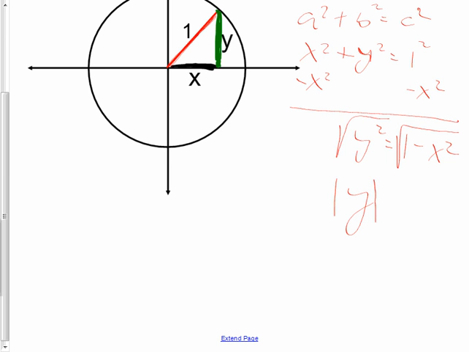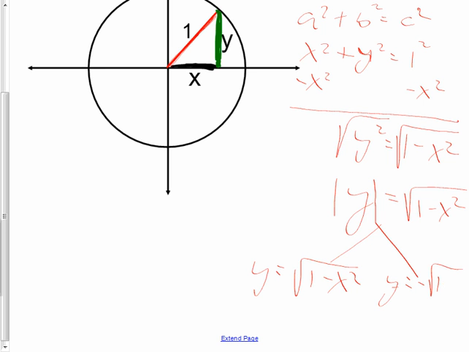It's the absolute value of y, and then that brings in the whole plus or minus thing. So that brings up 2 equations. y equals the square root of 1 minus x squared, and y equals the negative of that, the square root of 1 minus x squared. All right, if you haven't already written something down, you're way behind. You should be writing down not everything, but at least you should get these 2 down, because they are the equations that make a circle.